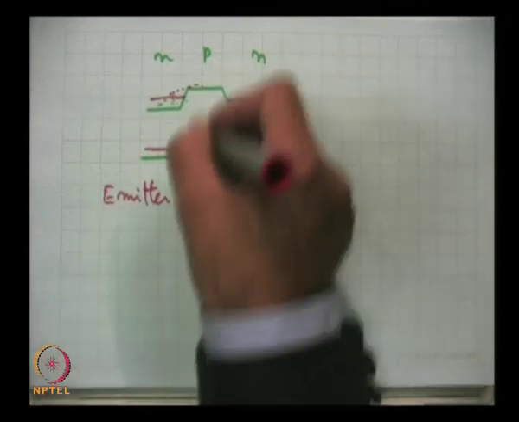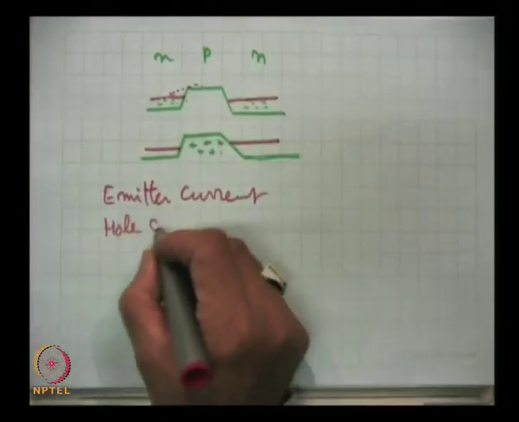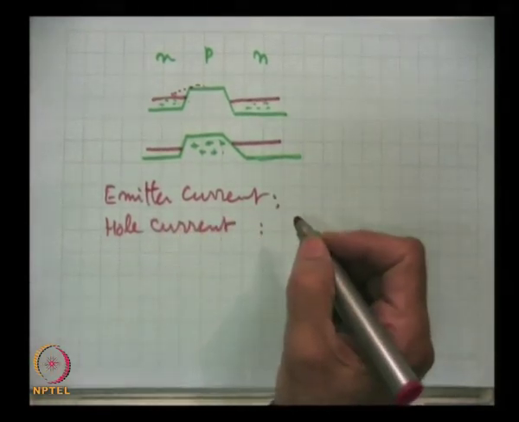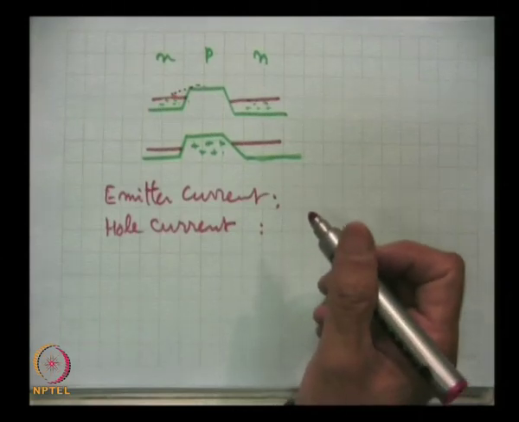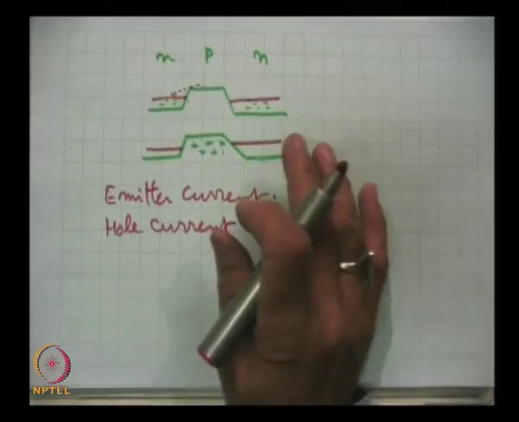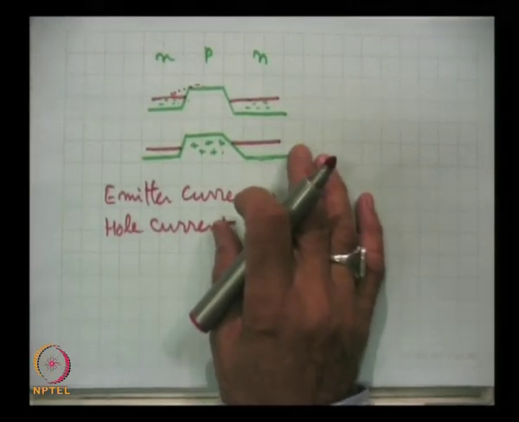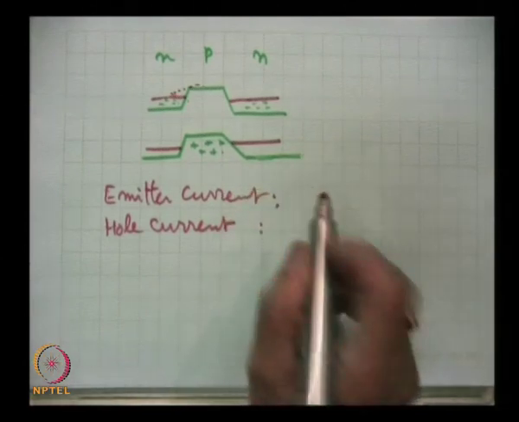So, that will constitute the whole current. But the fact that the two currents are independent makes this biasing scheme not suitable when we are going to use the transistor as an amplifier.